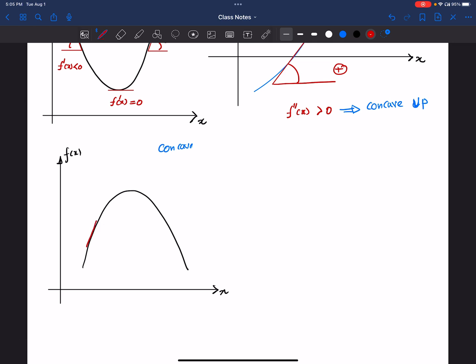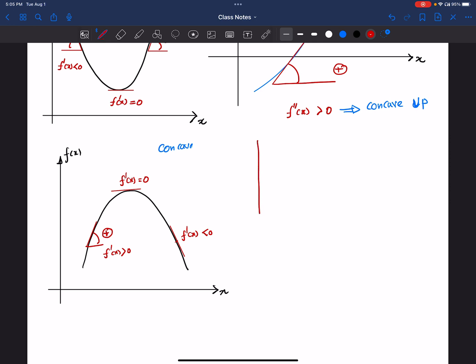Now I can draw the tangent lines at different locations. Here the slope of the tangent line is positive, that is, f prime of x is positive. Then f prime of x is 0 at this point, and at this point f prime of x is negative.